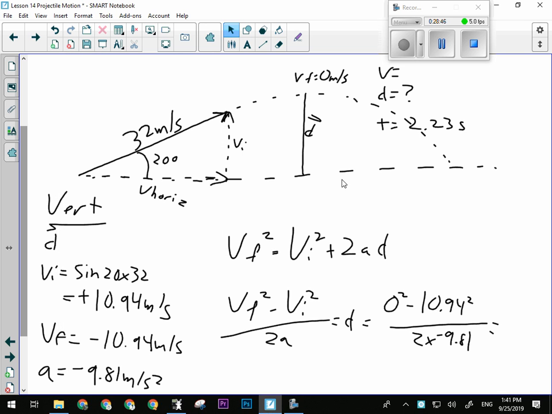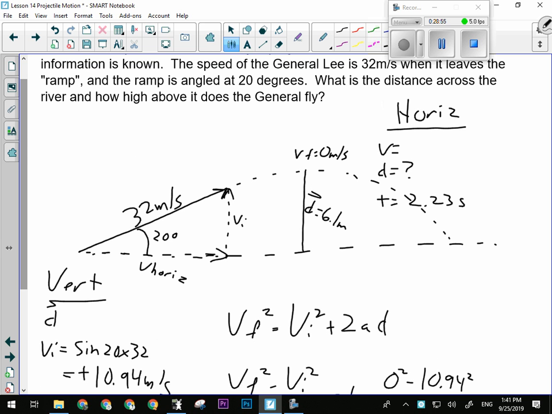Okay. So 6.1 meters is our maximum height there. That was one of the 2 things I was asked to find. The other thing was, how far was it across the riverbed? Well, I have the time. Can I find how fast it's going horizontally? Well, I can go back to here. This side was supposed to be our horizontal velocity.